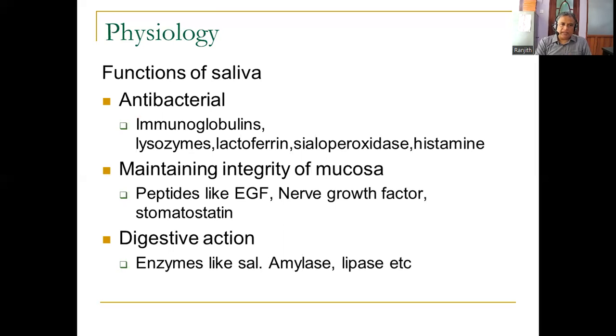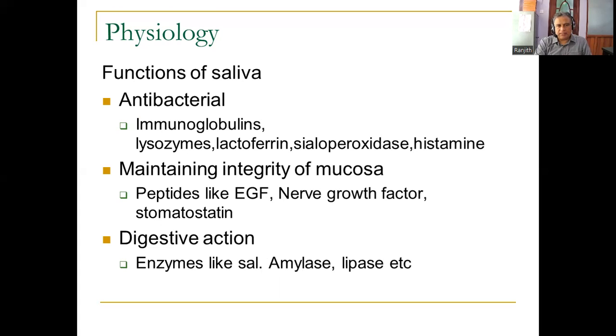Another function of saliva is maintaining the integrity of the mucosa. If there is some condition called xerostomia, which reduces salivary flow, you find that the oral cavity breaks down and forms ulcers very quickly.